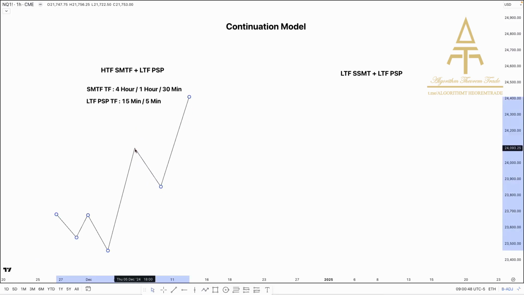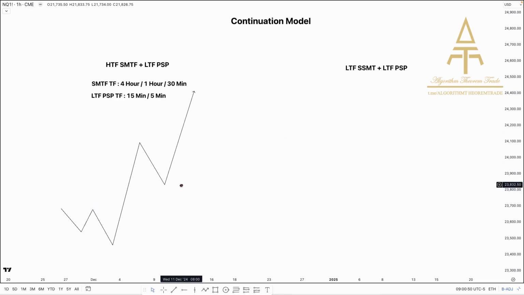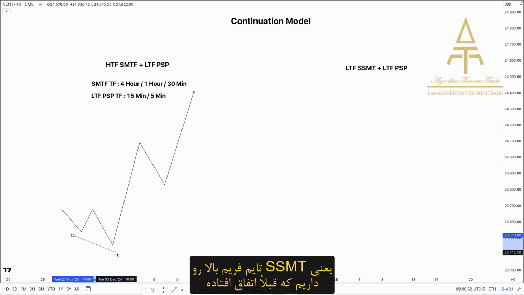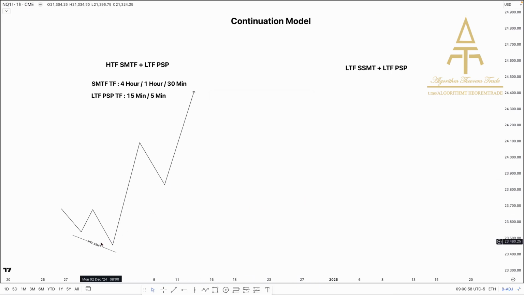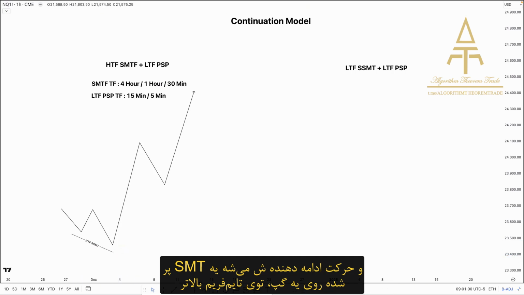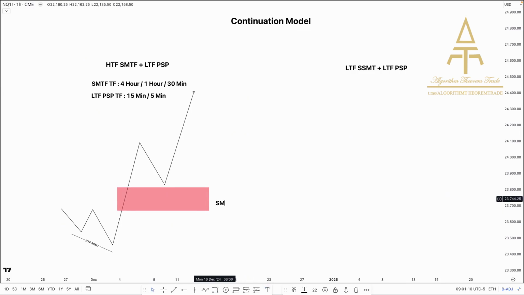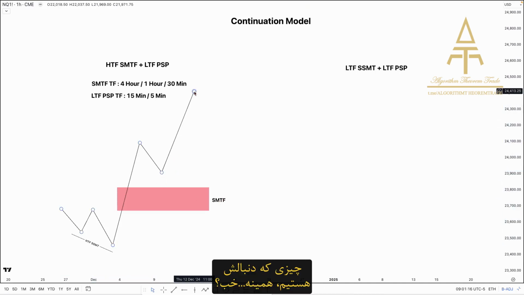So we have our higher time frame sequential SMT, which we've already had, and then our continuation will be on a SMT fill on a gap on the higher time frame. This is what we'll be looking for.